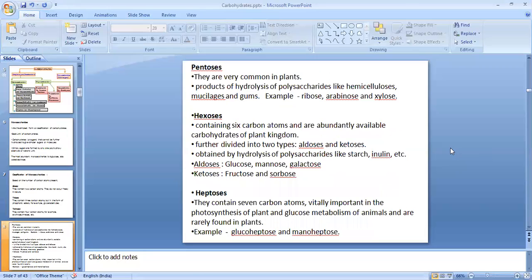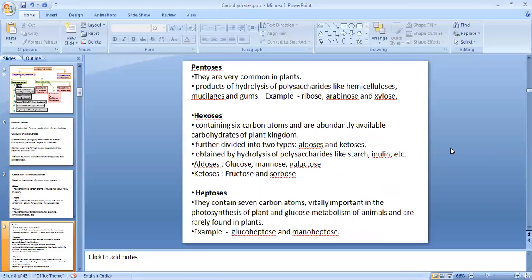And next you have your pentoses. They are very commonly present in plants, where they are the hydrolysis products of polysaccharides like hemicellulose, mucilage or gums.